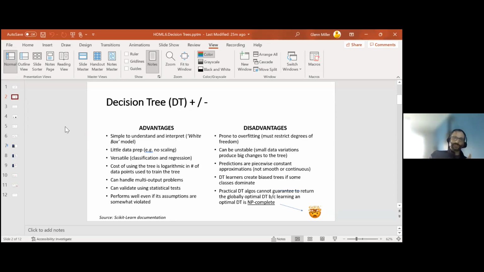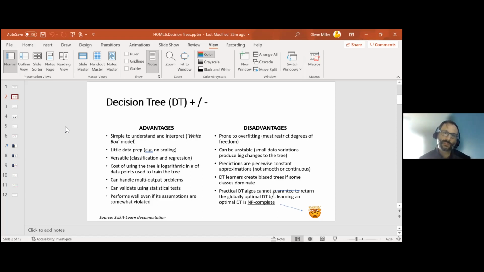Then you can use it to classify data or to predict values. It has some advantages that we'll talk about here and some disadvantages that are covered throughout the chapter and illustrated, and we'll get into those a little bit. Some are addressed by ensemble learning and random forests.